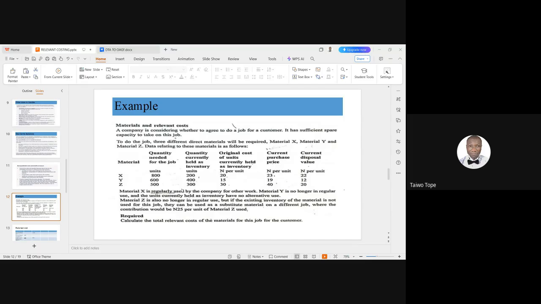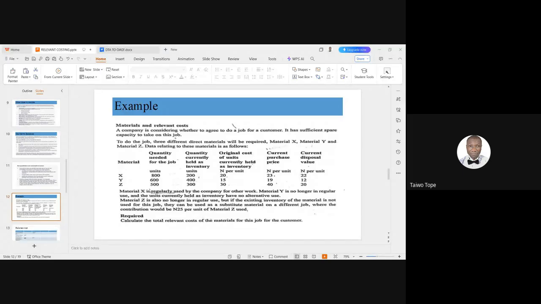You need 600 quantity for this job, and this material is no longer in regular use. It means the 400 units in the store should be used. If you look at the statement, material Y is no longer in regular use and the units currently held as inventory have no alternative use.